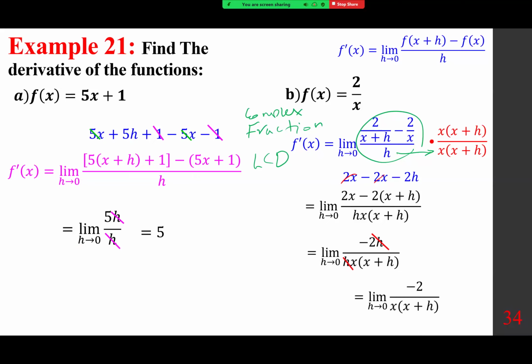And now if you plug in, you get minus 2 over x squared. So again, some people, they find this, and then at the last step, they put the limit and apply. It is important to know you must have a lim sign in order for h to go to 0, otherwise it's not the case.